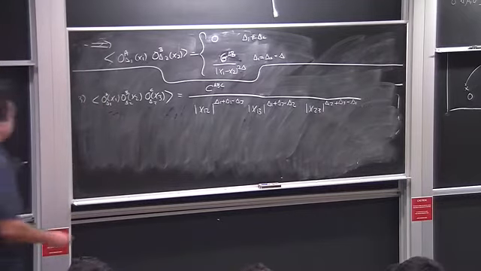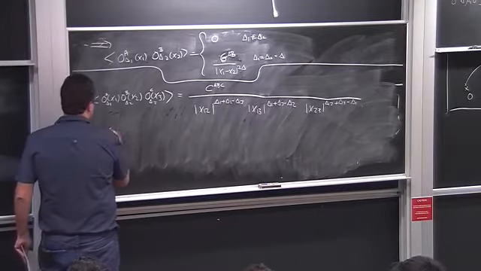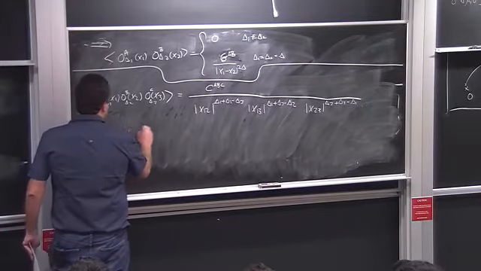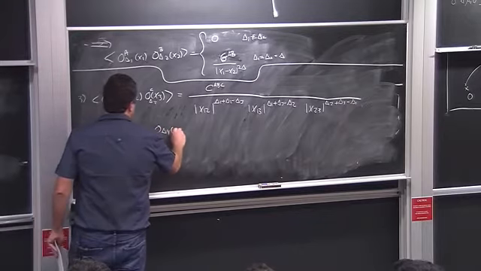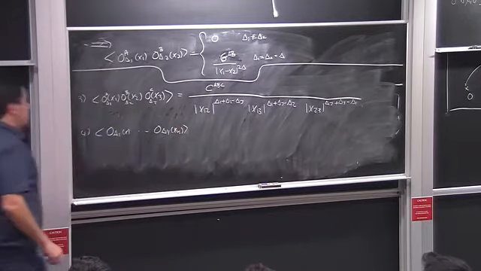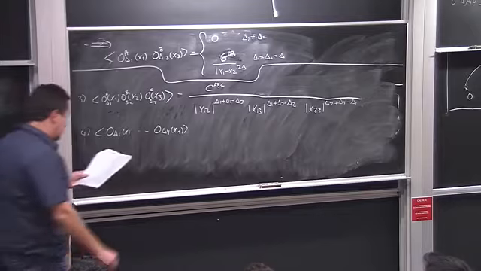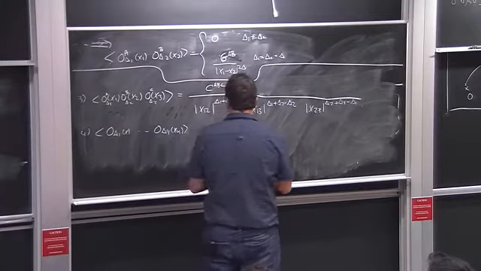So now you can imagine what happens if I do a four-point function. Is it going to be fixed? And the answer is no. Of course the form of the correlation is constrained.